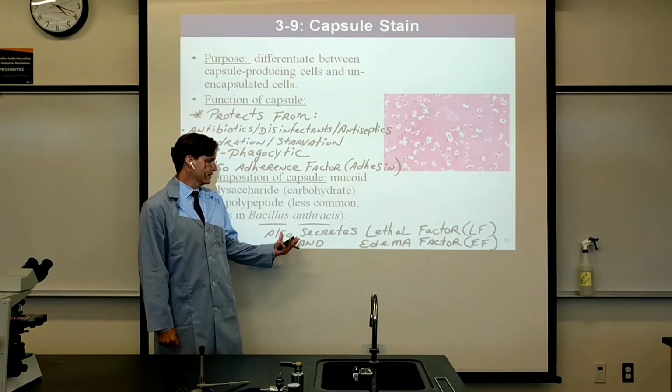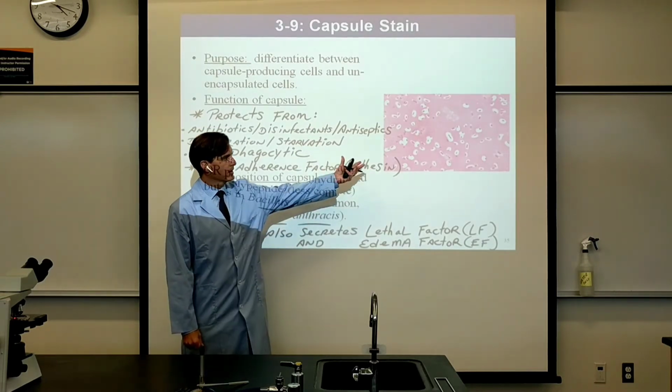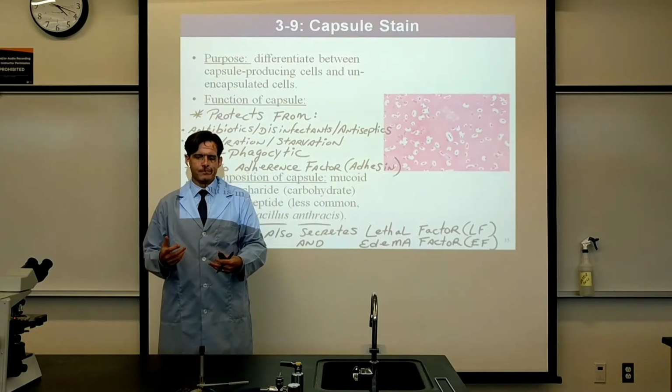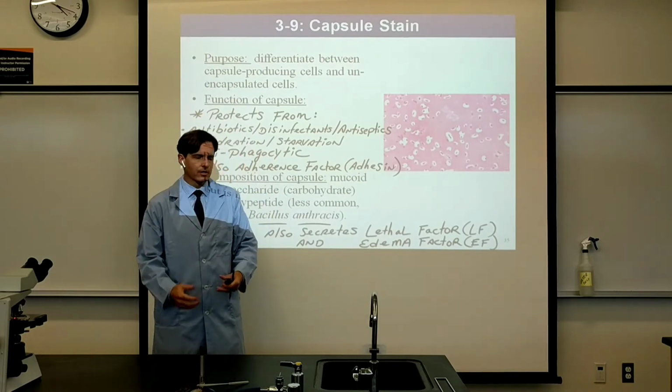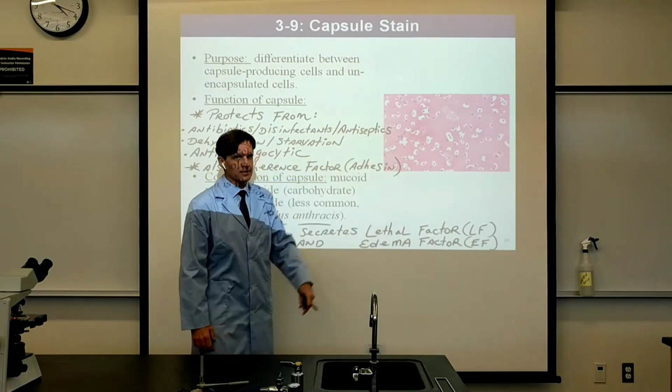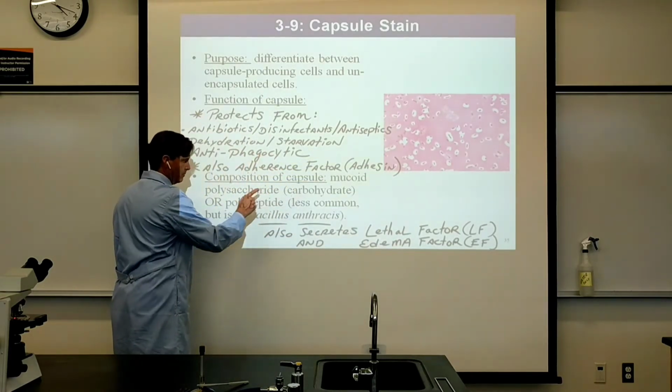And what's crazy is that Bacillus anthracis not only has this capsule, which is able to cause these secretions to occur, but also the capsule itself is made of a mucoid polypeptide.